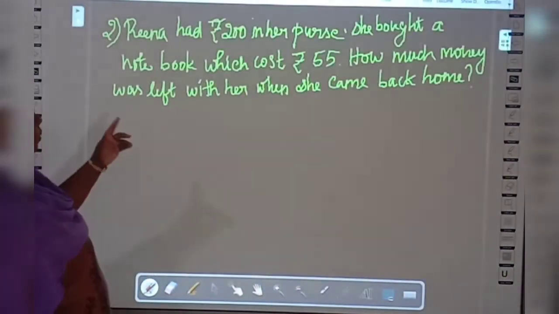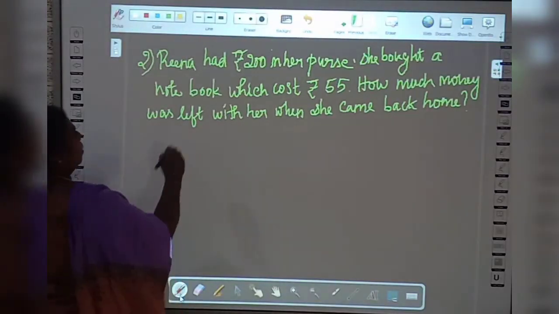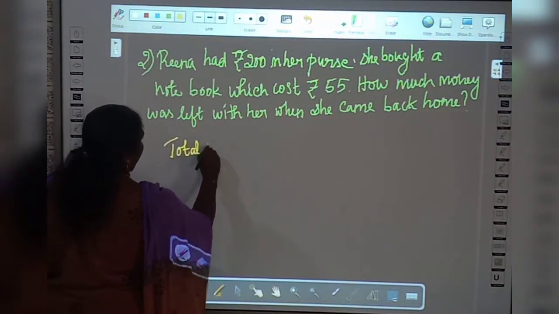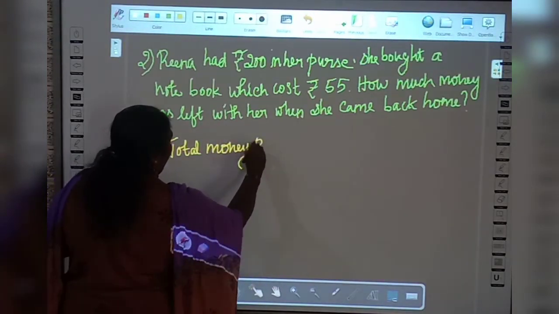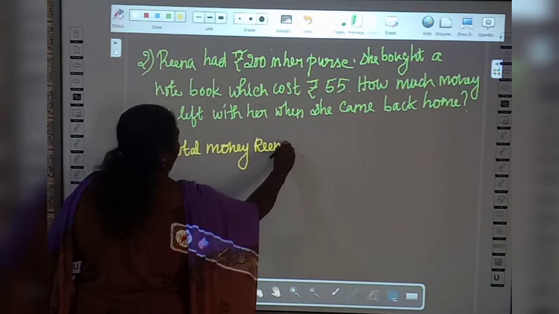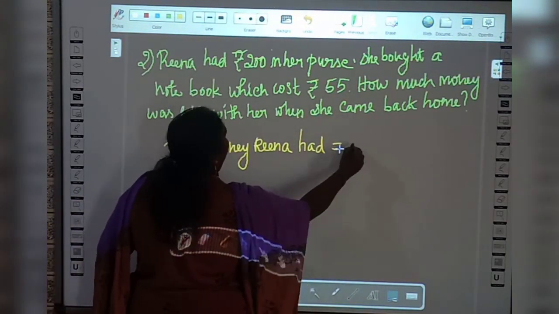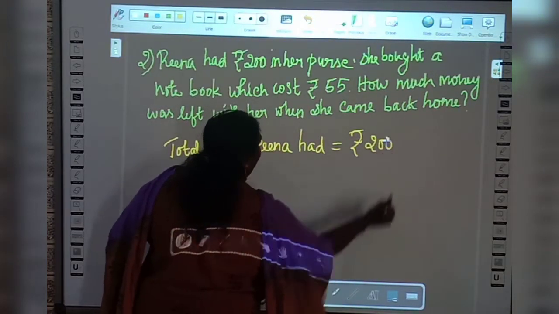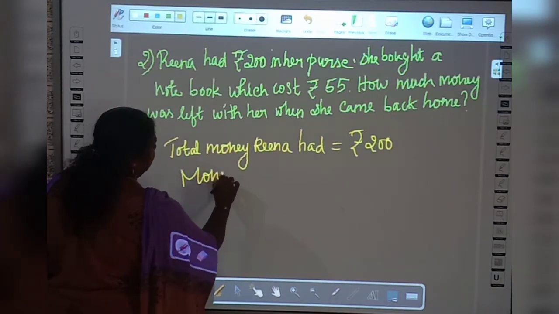First, we are going to write the steps. The total money Reena had. How much money did Reena have? Reena had rupees 200. Right? Yes. The money she spent. How much money did she spend?